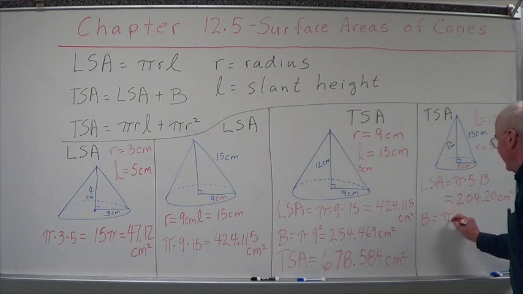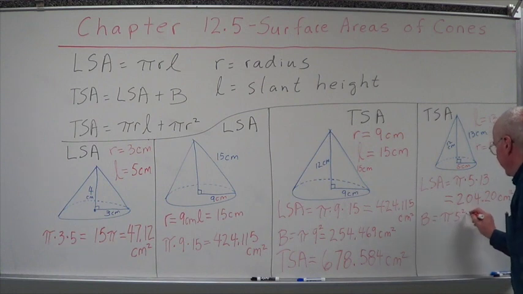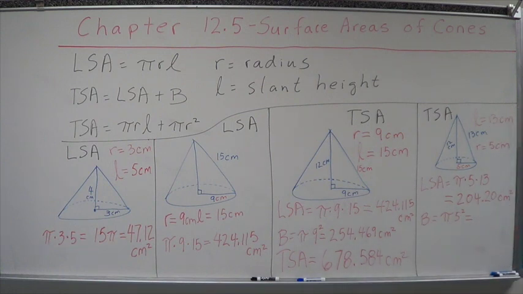Equals pi times the radius squared, which is 5 squared, equals, that's 25 times pi, equals 78.54 centimeters squared.